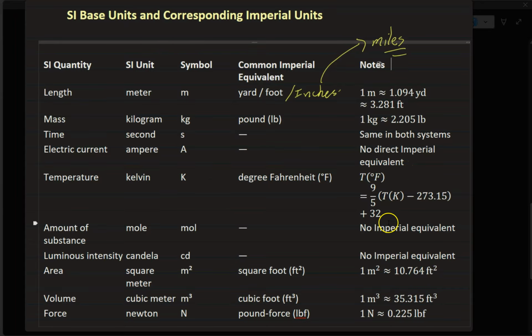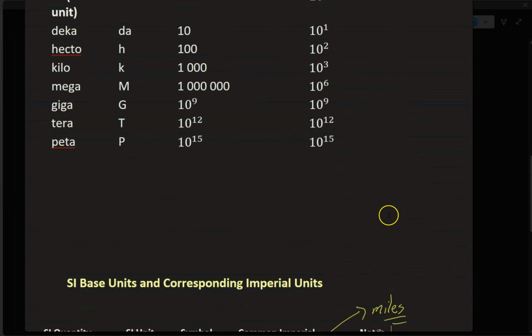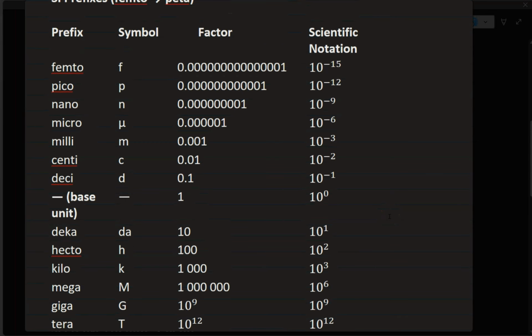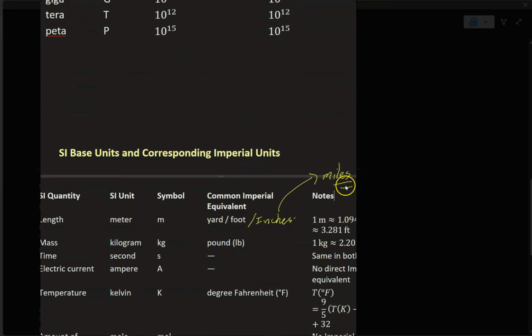The first thing is that you need to know the prefixes. All right, what is the prefix? These are the scientific prefixes. I used from femto to peta, and what that means is that these prefixes show up in front of all of these base units.